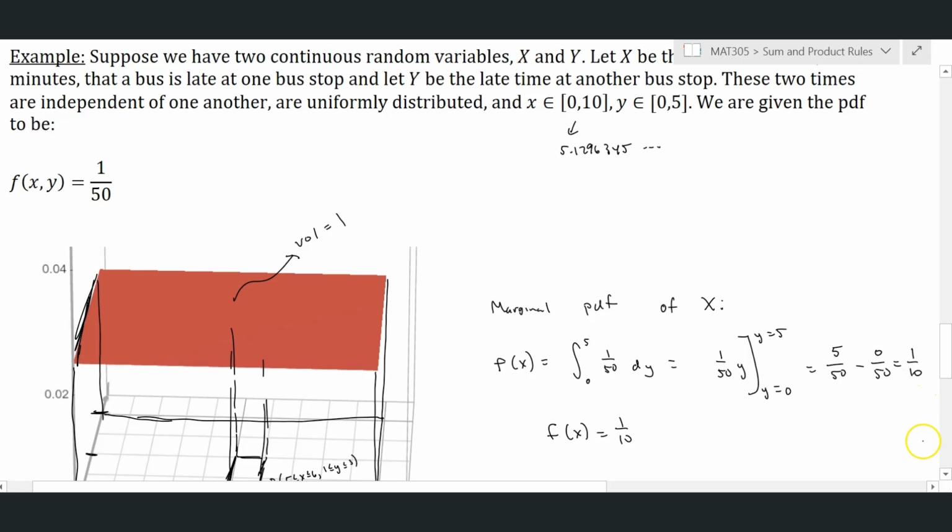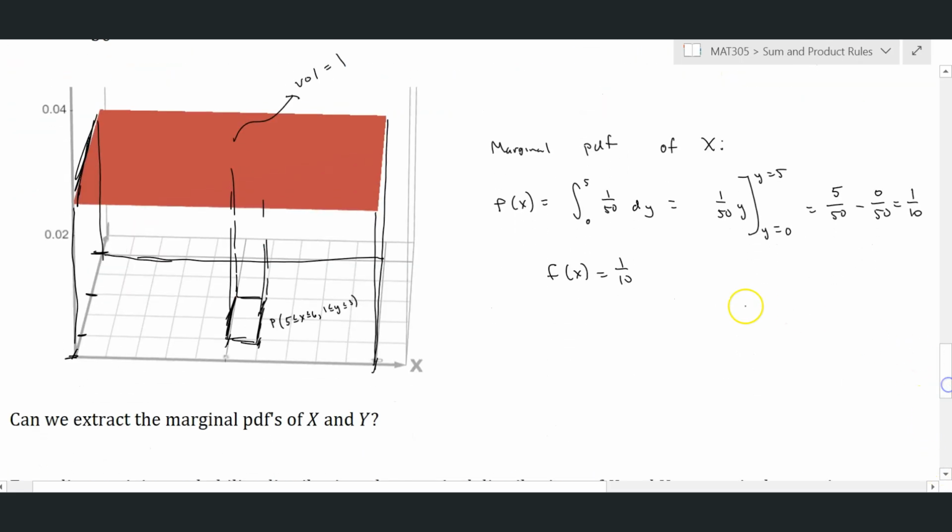And that's interesting because we had a similar problem in a previous video where we basically said the bus arrives somewhere between one time and another time, but it's a 10-minute interval.